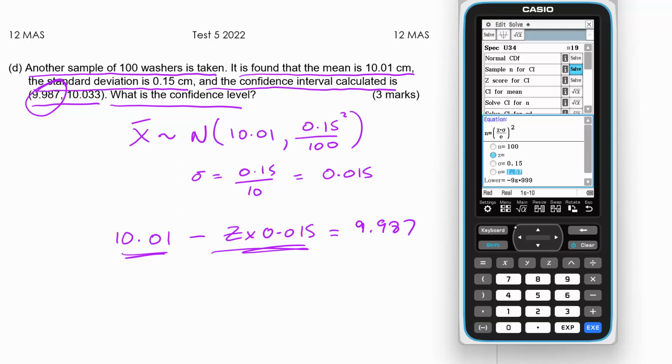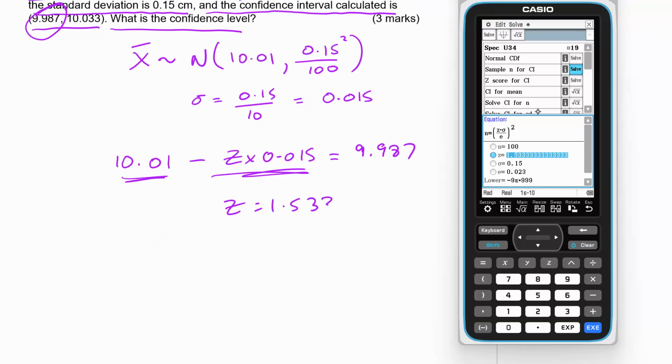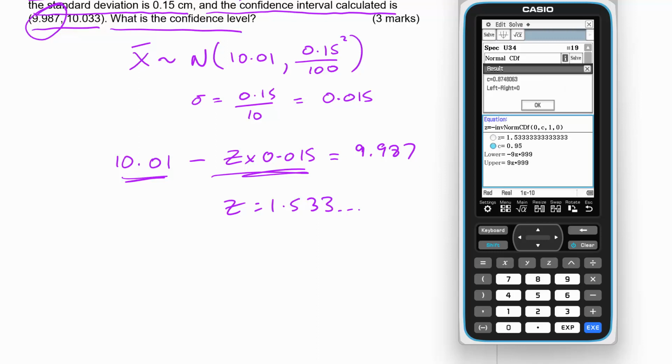And the E is going to be 10.01 take away 9.987. We'll solve that for Z and we get 1.53, so Z is equal to 1.53 recurring. And then we go to Z score for CI, the 1.53 recurring is in there. We want the confidence level and we just do that and we get 87.5%.